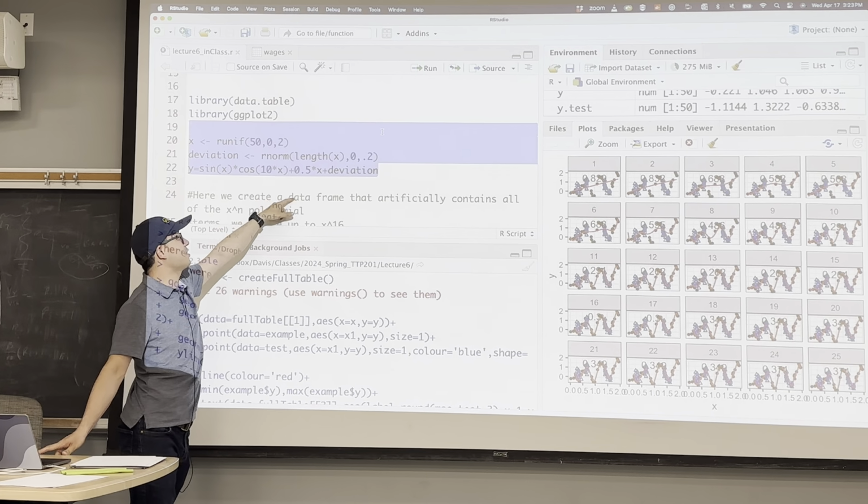If I change this to MSE train instead of test, I think that will do it. Yes. Okay, so now the number is showing the in-sample mean squared error, and you can see it should always go down.